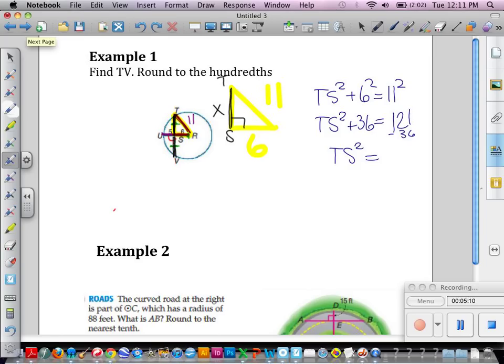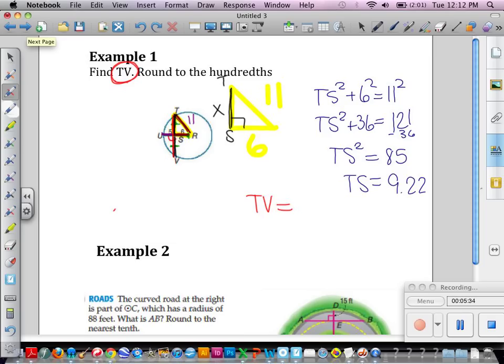I'm going to take the square root of 85 and I'm going to get 9.22. Now that's not my answer, people. I'm looking for TV, which is the whole line, so I need both parts. So TV, really this is how I should be writing it. I shouldn't just be writing the answer here.